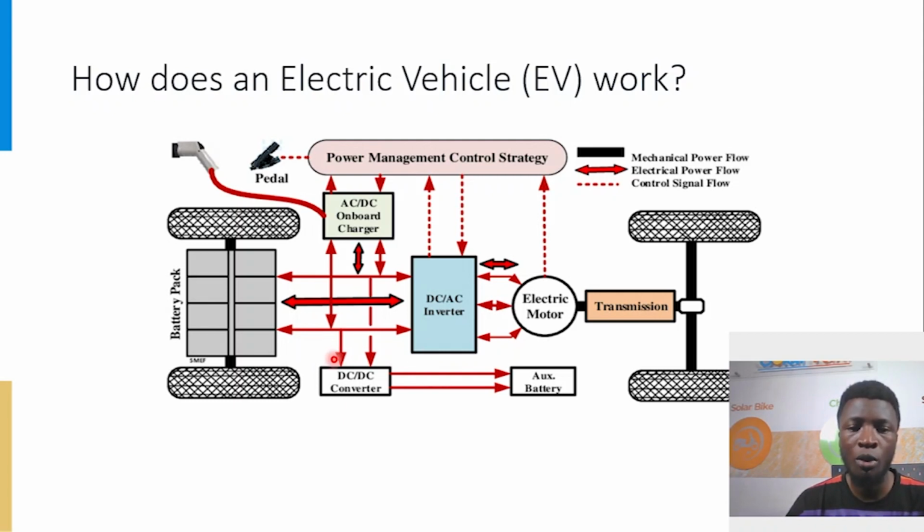So there is this component which helps in stepping down this high voltage to 12 volts to charge this auxiliary battery, because starting the vehicle and its lighting depends on this 12 volts. And you can see the power management control. It helps in controlling the power's movement in this vehicle.